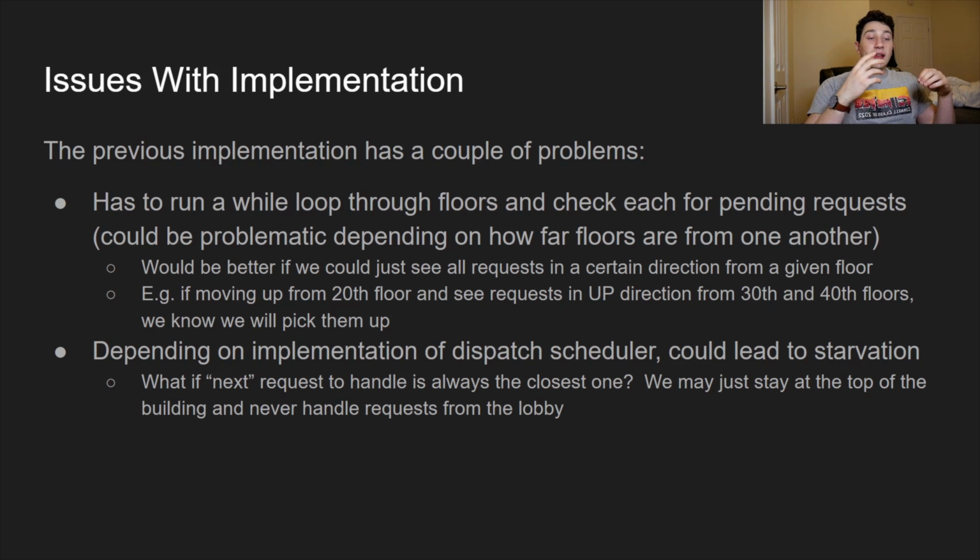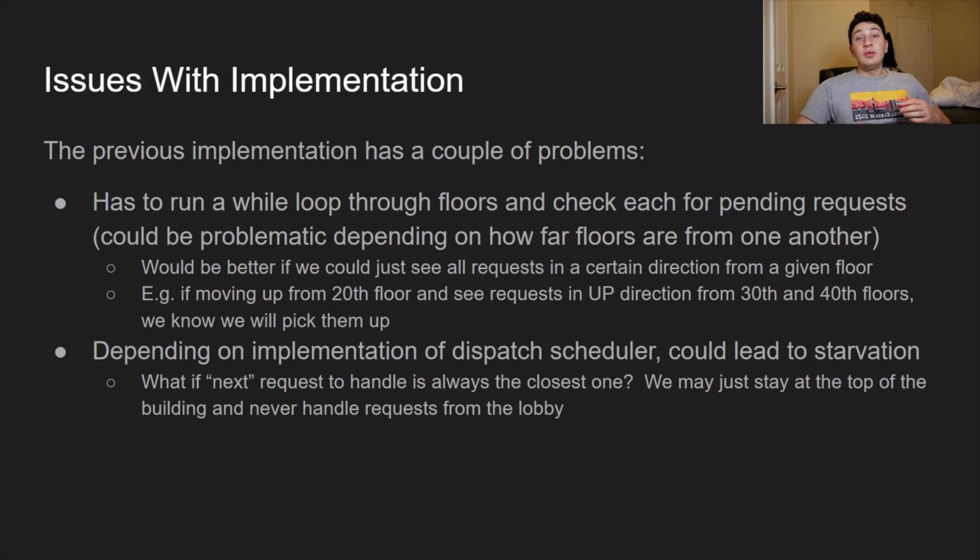So to put that in kind of a more concrete example, if I'm going from the 20th floor to the 40th floor and I have all the dispatcher requests in one single binary search tree, it means that I can go ahead and figure out all of the requests in the dispatcher that are between 20 and 40 in linear time complexity, which is really, really good. In fact, even better than linear time complexity, because you just go to 20 and 40 in the binary search tree, and then you basically get all the nodes between them.